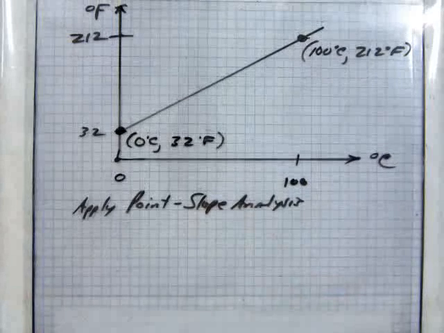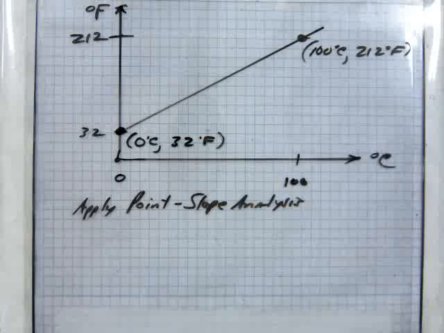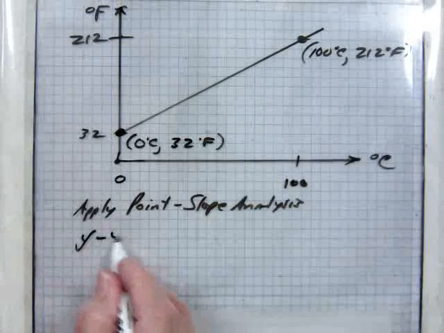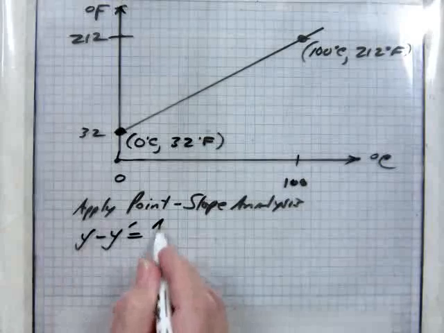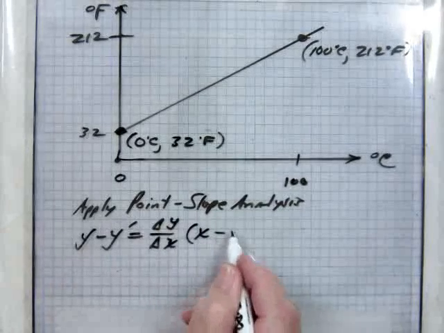The point slope expression is y minus y prime equals delta y over delta x, times x minus x prime.